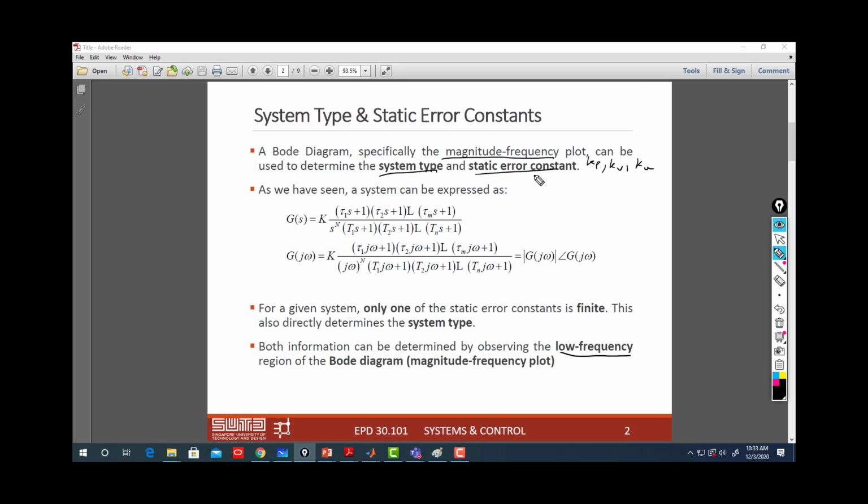The static error constant and the system type: type 0 Kp, these two pieces of information, type 1 Kv, these two, or type 2 Ka, these two. Both can be determined by looking at the low frequency region of the Bode diagram, in particular the magnitude frequency plot. So looking only at the low frequency. Let's go and look at the low frequency as they said to us here.